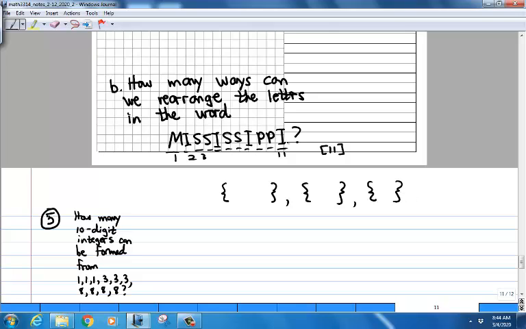Let's say I have some I's, and some S's and some P's, and that one M. Is that it? Oh, that's nice. So I'm going to break this integer segment, which represents my positions, into a partition, but I'm going to label or distinguish the partitions by the letters. The distinct letters there are M, I, S, and P.